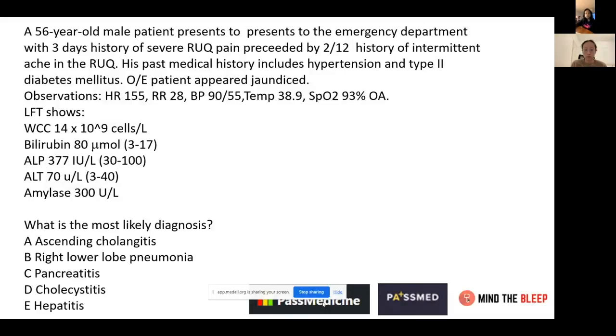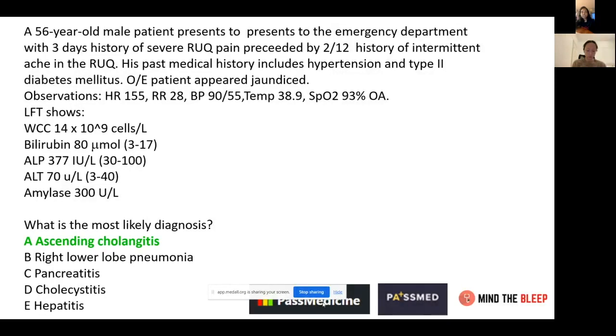Okay, so for this one, most of you got it right, it is ascending cholangitis. And I can understand why some people put pancreatitis. Obviously it could be a chronic pancreatitis, but this is a 2 months history, and because they've got Charcot's triad of jaundice, right upper quadrant pain, and fever, you think that it's ascending cholangitis.